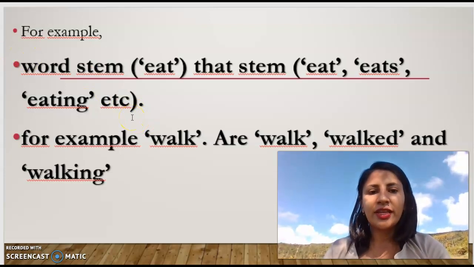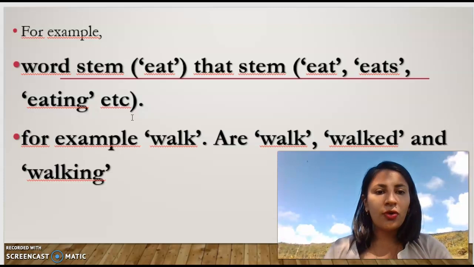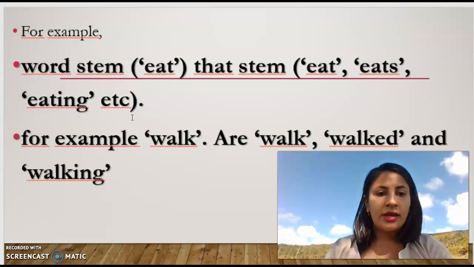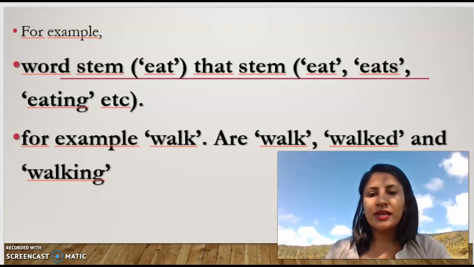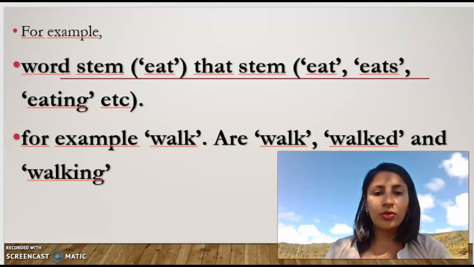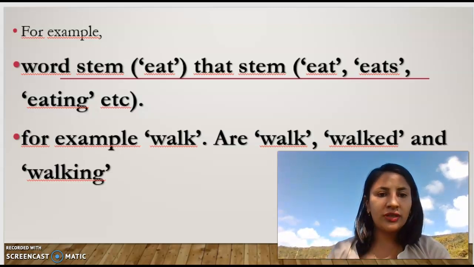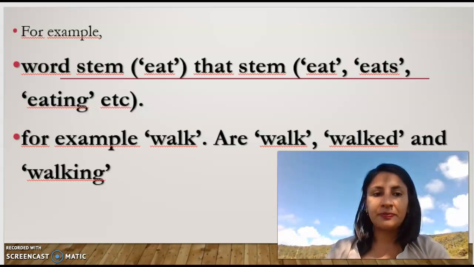Others consider all the different words that use that stem: it, it's, eating, and think about your own specific words using that. The example: walk, walked, walking. Three different words from just one word.